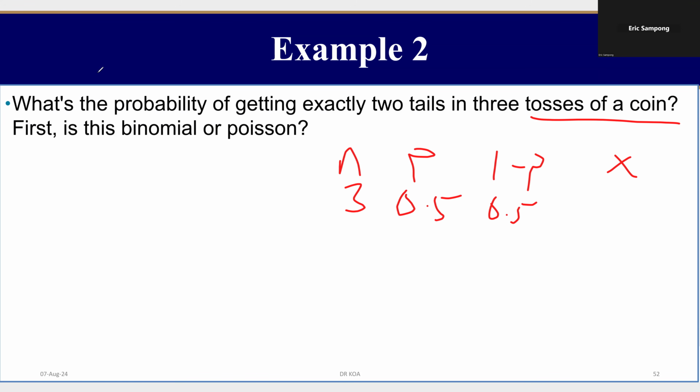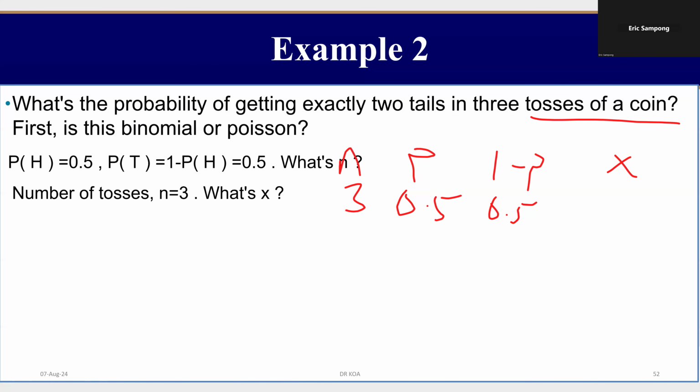Now, regarding the x, you sometimes have to reach further. We identified all of the elements, so let's go to the x. In this question, you will notice that x is what? It's 2. That's it. So x is 2.